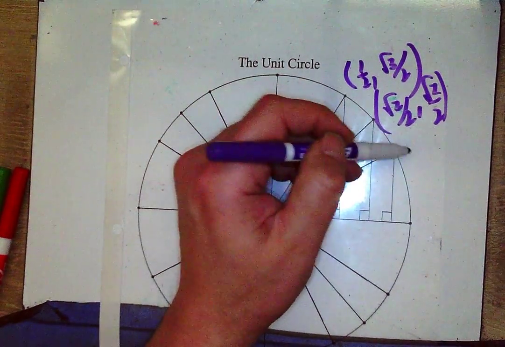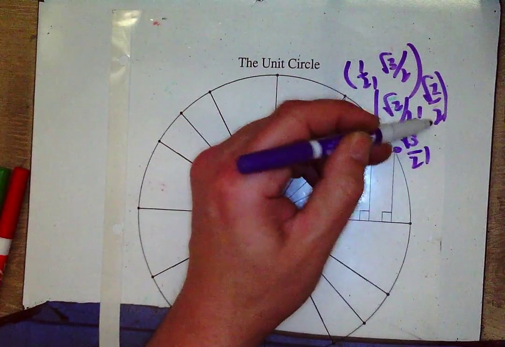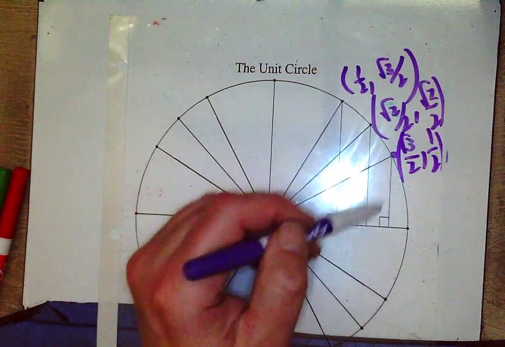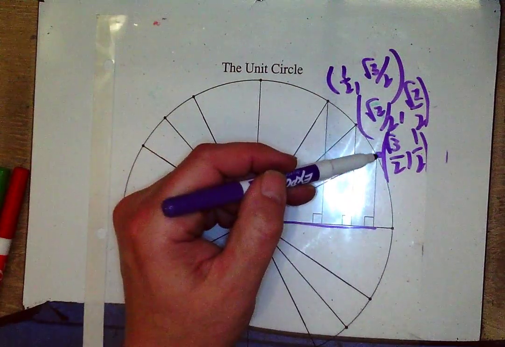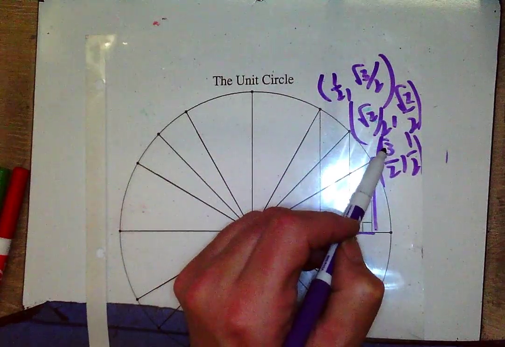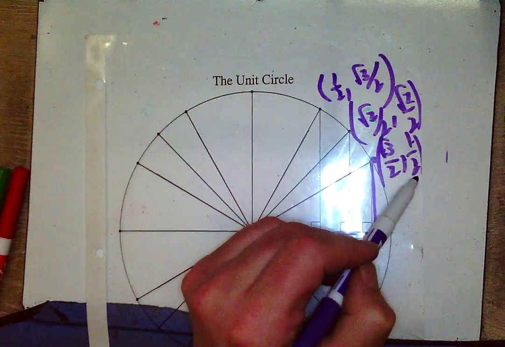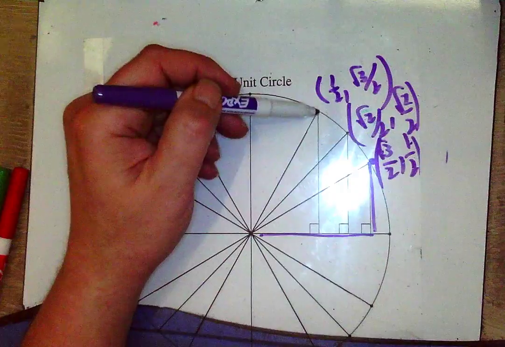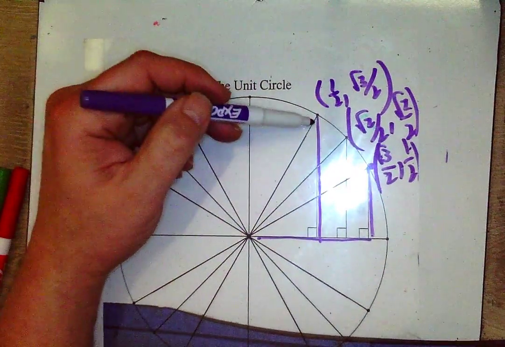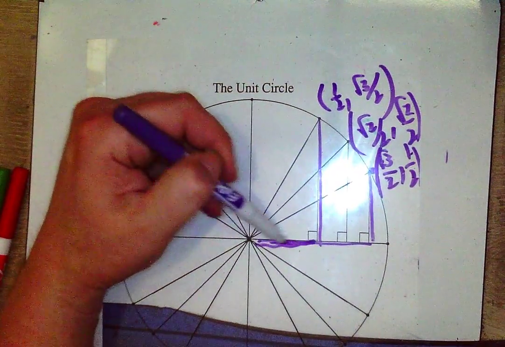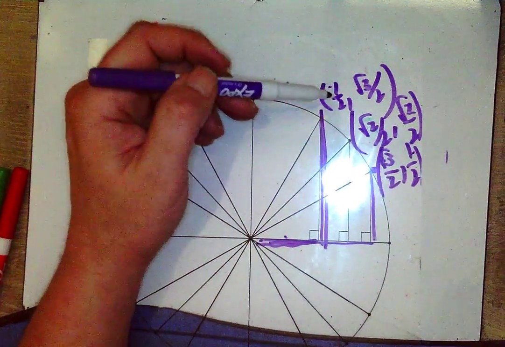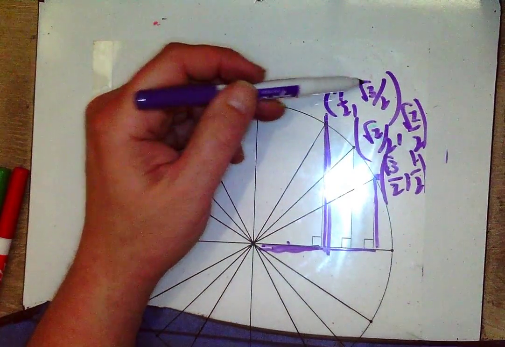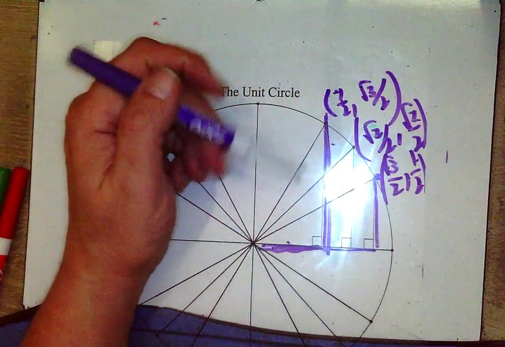And here we've got root 3 over 2, 1/2. Notice how this x value is longer than this y value. Root 3 over 2 is longer than 1/2. And notice how over here, that's flipped. The short leg, the long leg. So our short leg is the x at 1/2, and the long leg, which is longer than the short leg, is root 3 over 2.